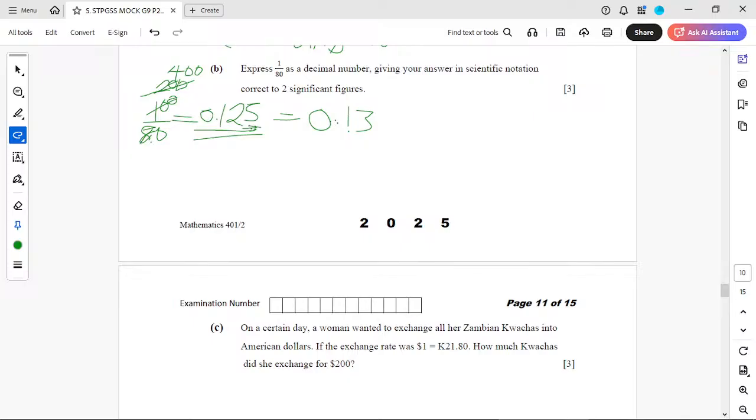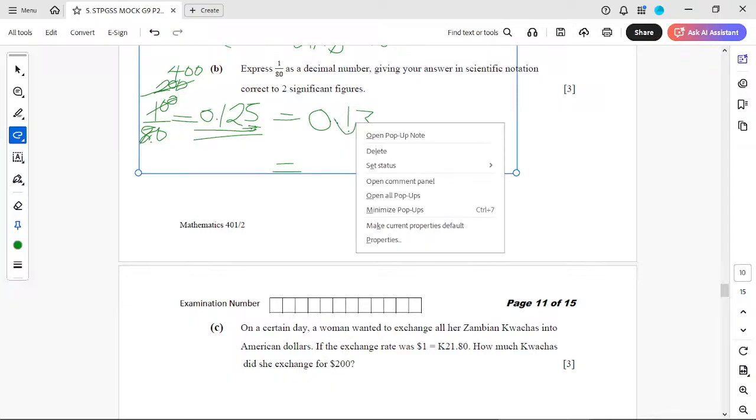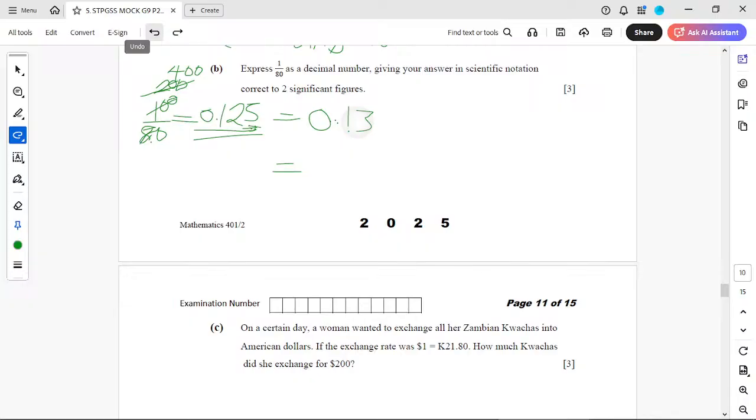So how do we now write this one in scientific notation or in standard form? To write this one in standard form, what we're going to do is the decimal point will move one step to the right. So that means 1.3 times 10 raised to the power.